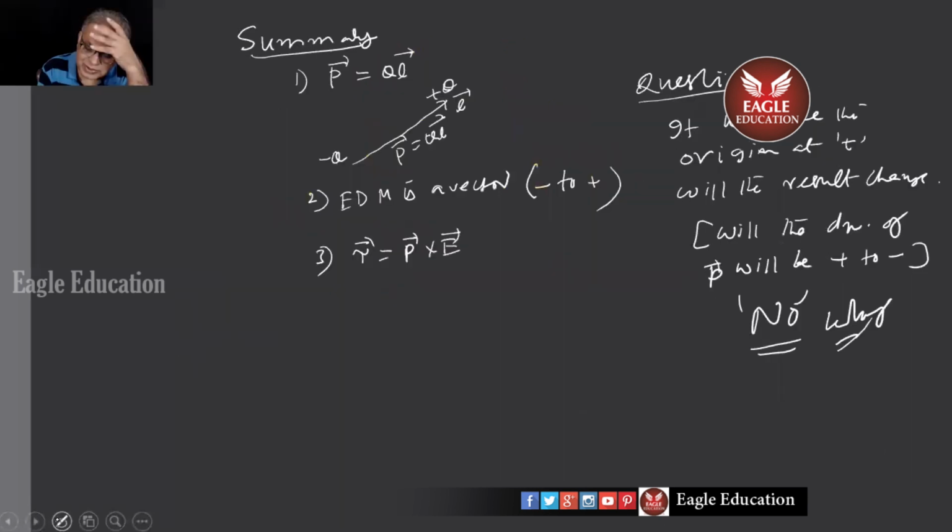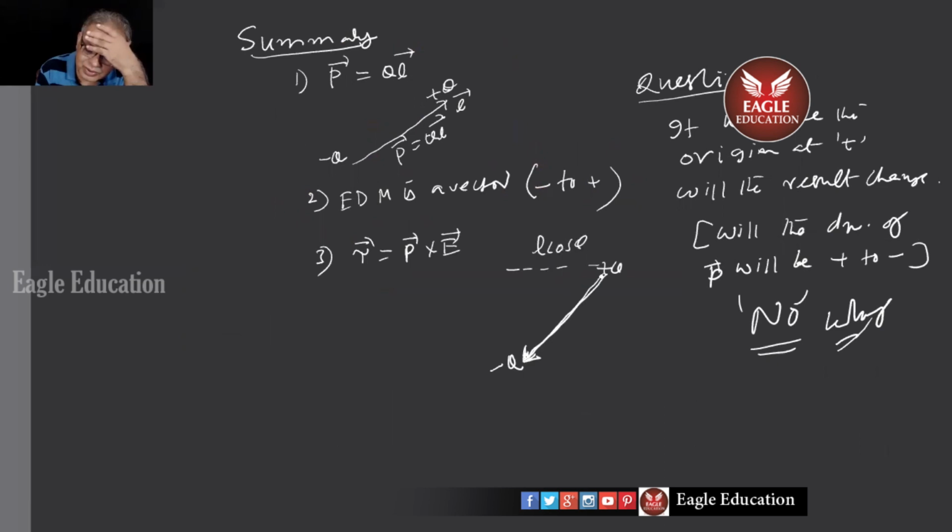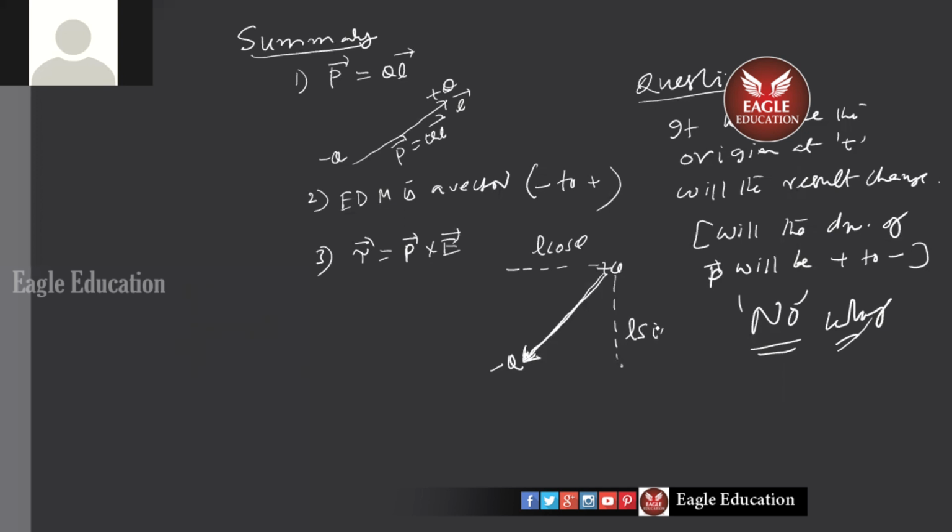It's a good exercise. So if I take plus Q as my origin for finding out the torque, my R vector is like this, isn't it? So what will be this, Bharat? L cos theta, we already know. This is L sin theta, we know.